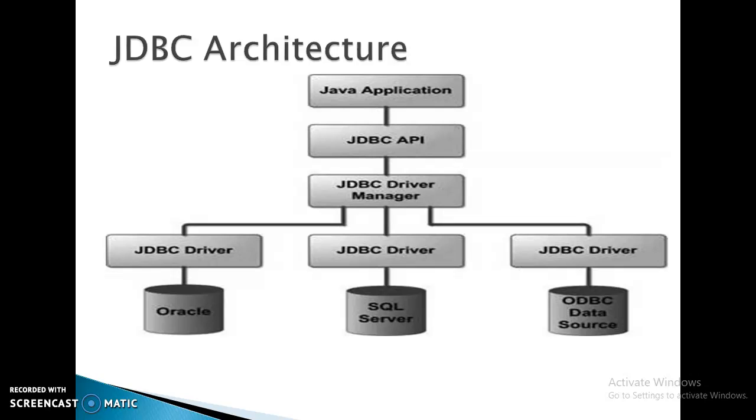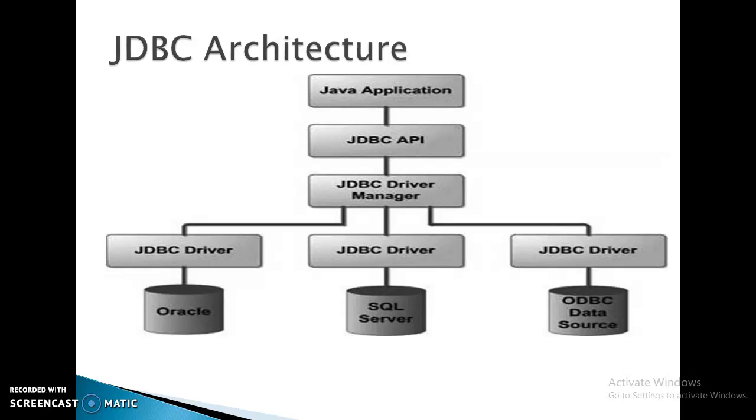So again, this is the overall structure. Java application at the front end, and at the back end is JDBC, that is MySQL, the database management system. So many different database management systems are there. We have given here two, Oracle and SQL Server.